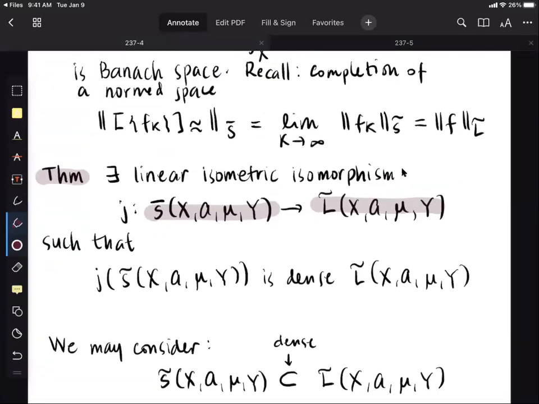Indeed, that is because of the distance-preserving nature of this map, J. Therefore, we could simplify the characterization of the completion of the simple functions in this way. We can think of the completion of the simple functions as the equivalence classes of Lebesgue-Bochner integrable functions.